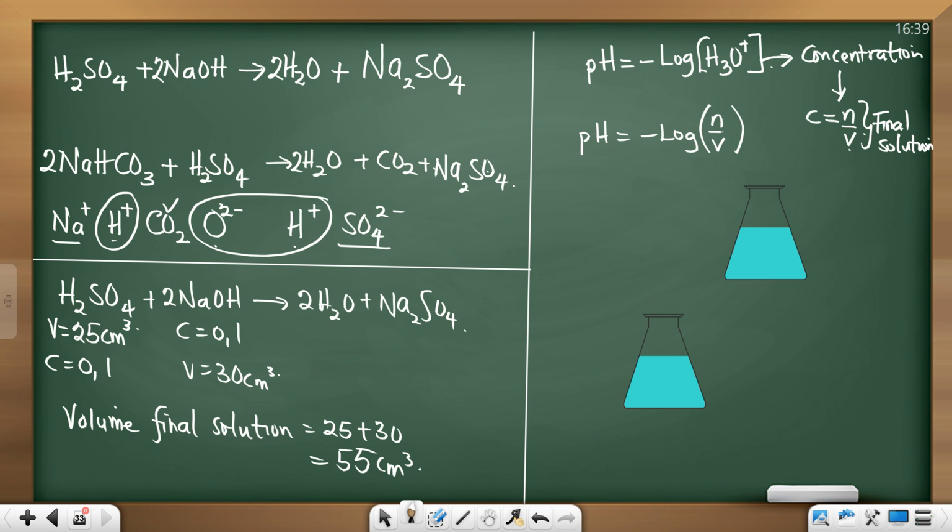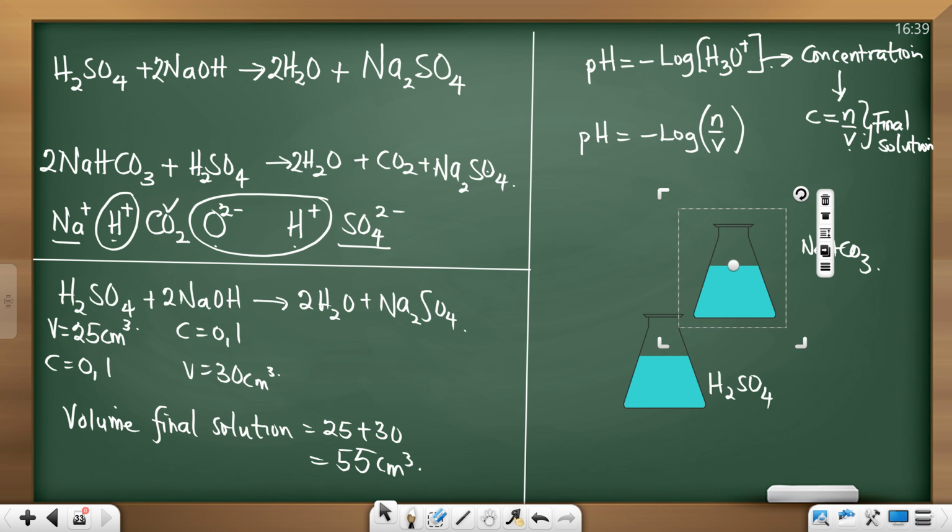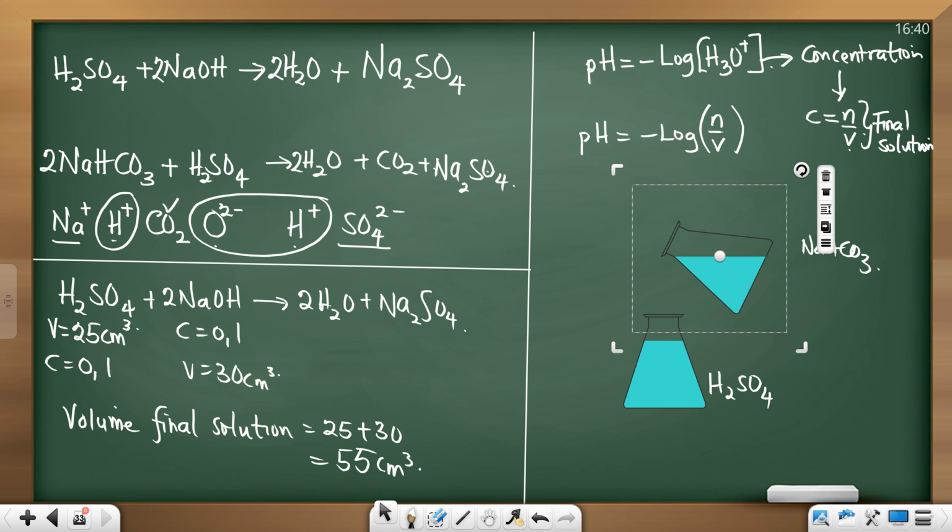So look, I have sulfuric acid here in this beaker. Is that fine? And I have sodium hydrogen carbonate here. Is that okay? Then I take this and pour it inside. If I pour it inside, what's happening to the volume? It's increasing.